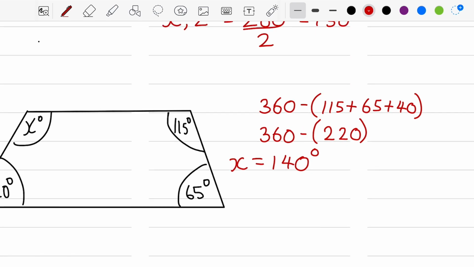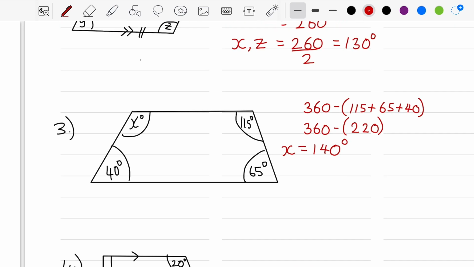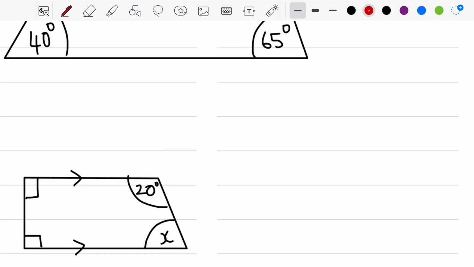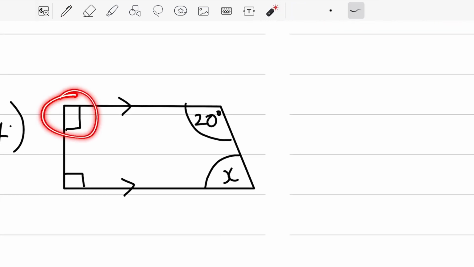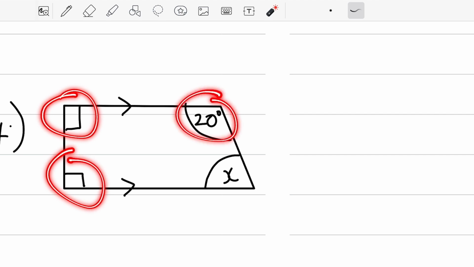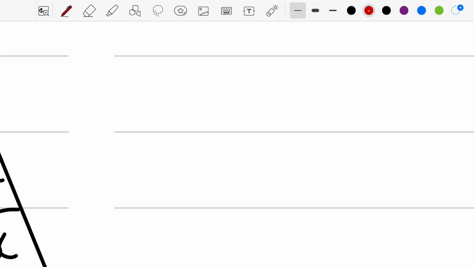Right, so x is 140 degrees. Next, we have 90 degrees plus 90 degrees plus 20 degrees, and we take that away from 360 degrees.